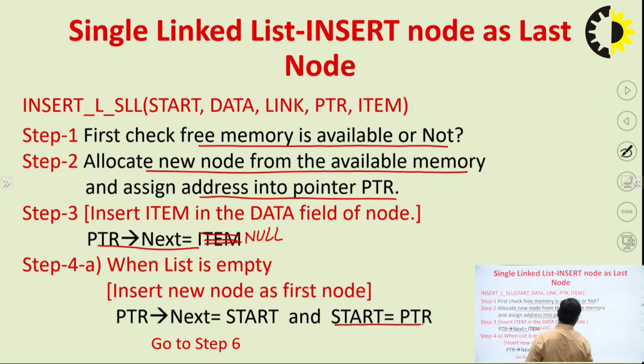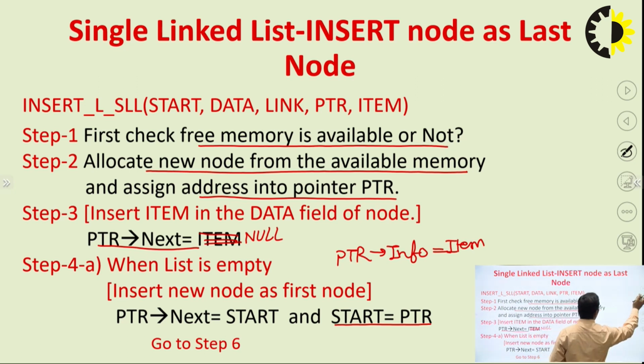You can directly write start equals to PTR and also write PTR arrow info equals to item. Now this is the case when the list is empty. That means start contains null.